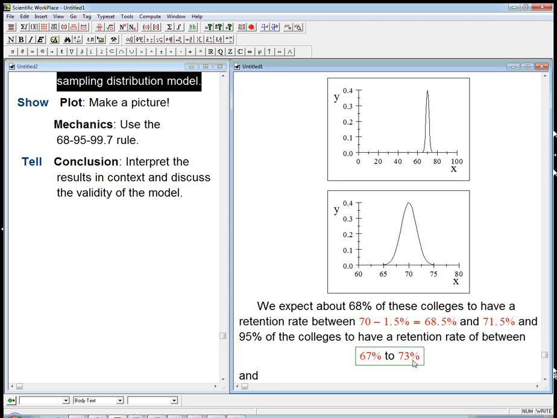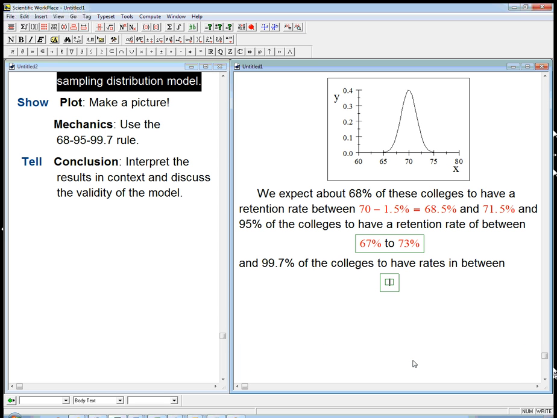And the overwhelming majority of them, 99.7% of the colleges, to have rates in between 65.5%. This is 3 standard deviations, 3 sigma, to 74.5%.